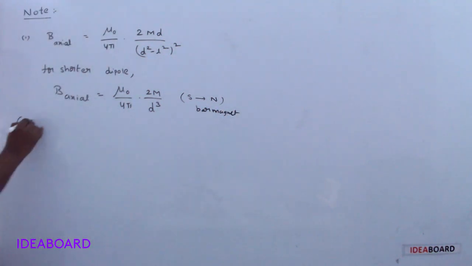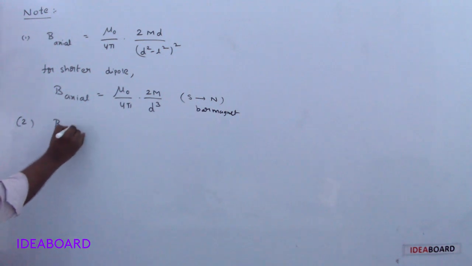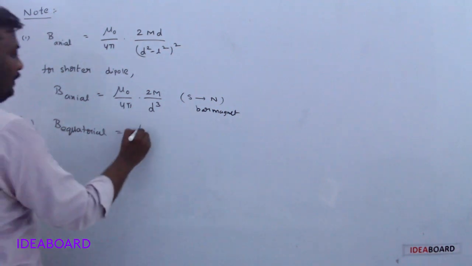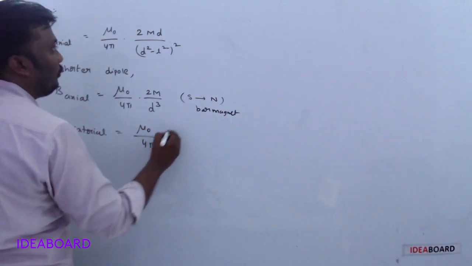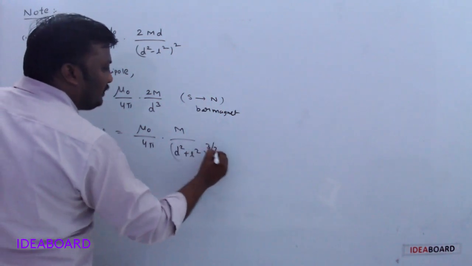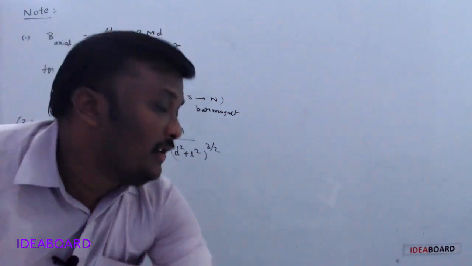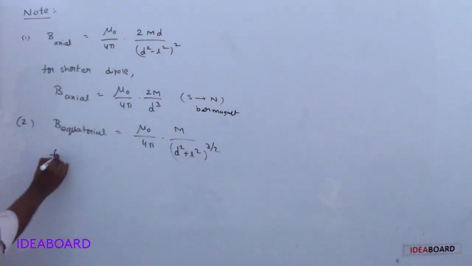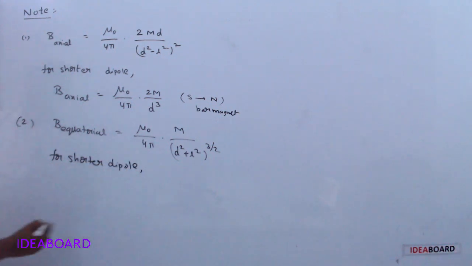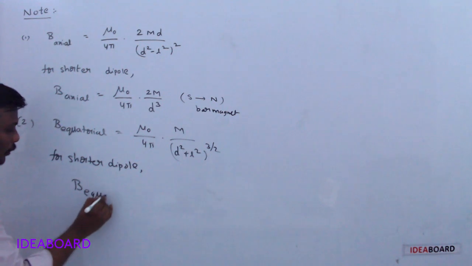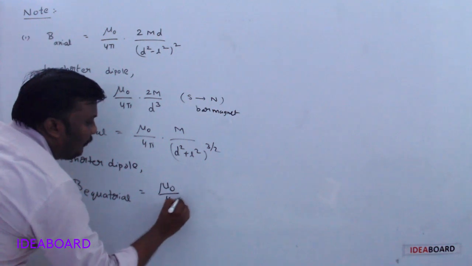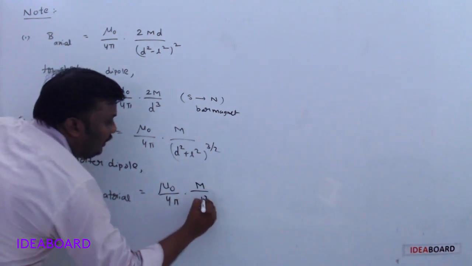And another formula we learned, B equatorial line: mu naught by 4 pi into M by d square plus L square whole power 3 by 2. And for a shorter dipole, B equatorial line is equal to mu naught by 4 pi into M by d cube.